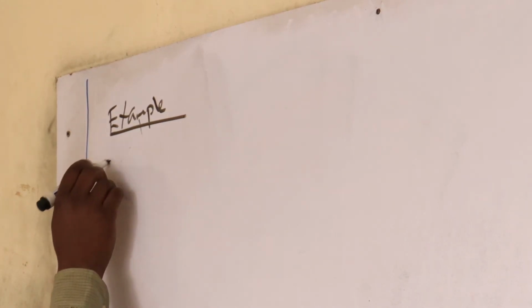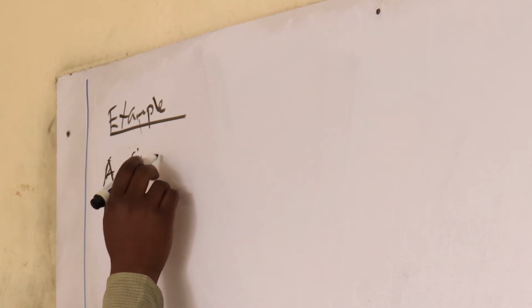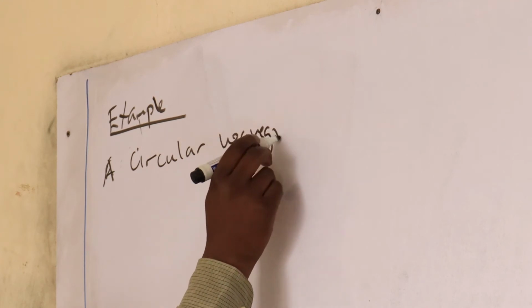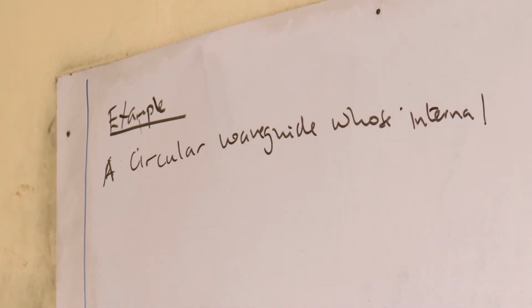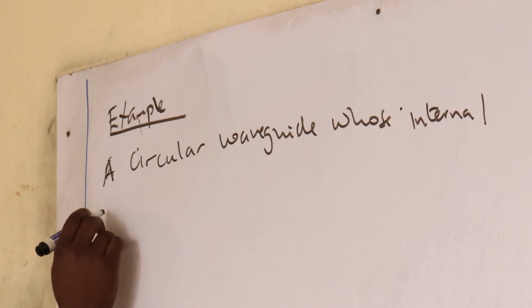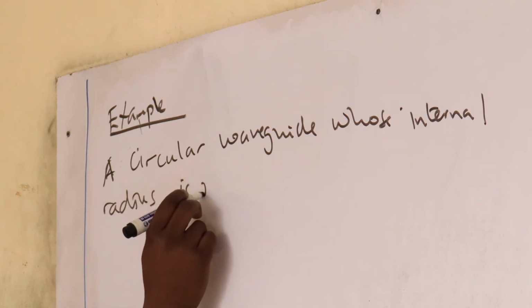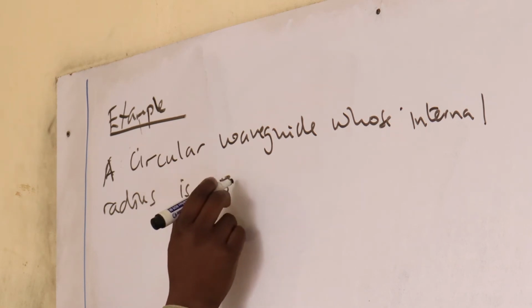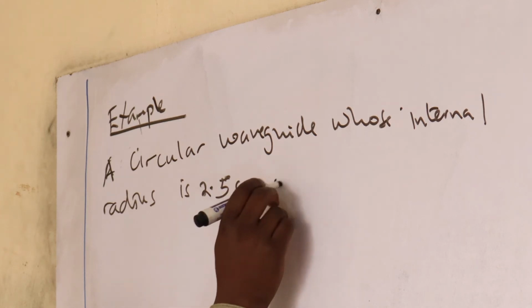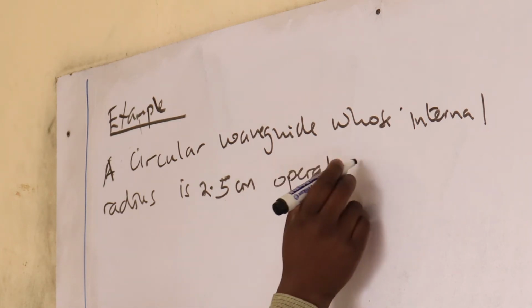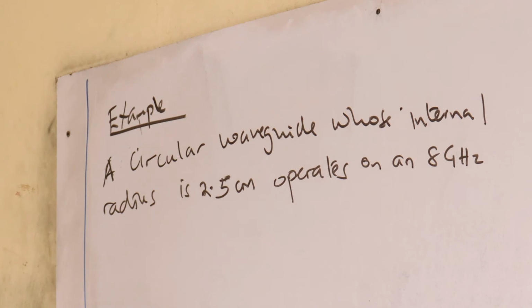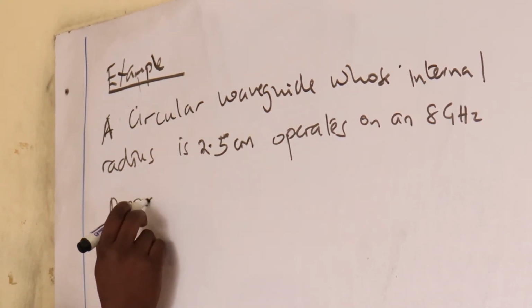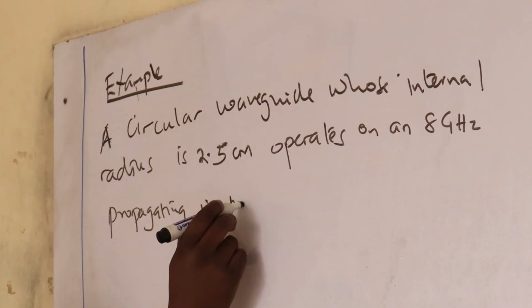A circular waveguide whose internal radius is 2.5 centimeters operates on an 8 gigahertz signal propagating in the TE mode.